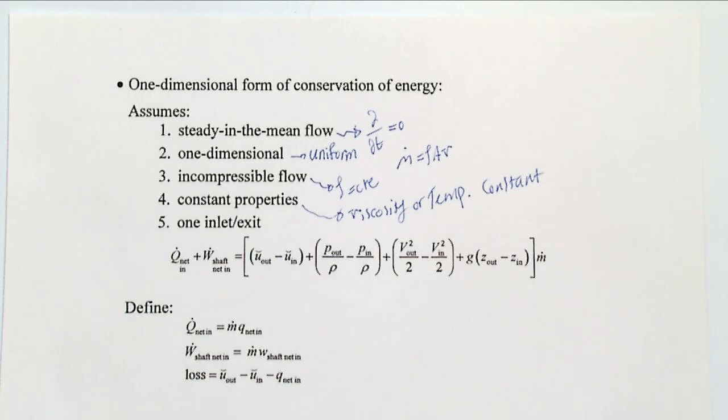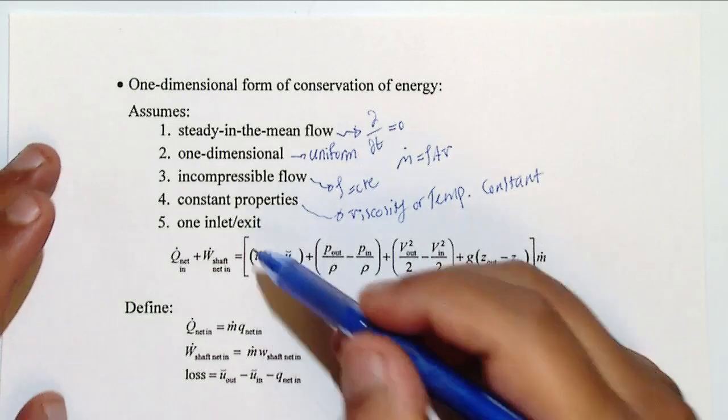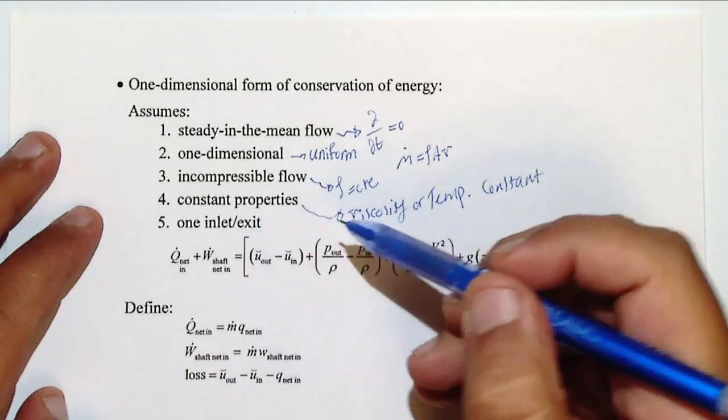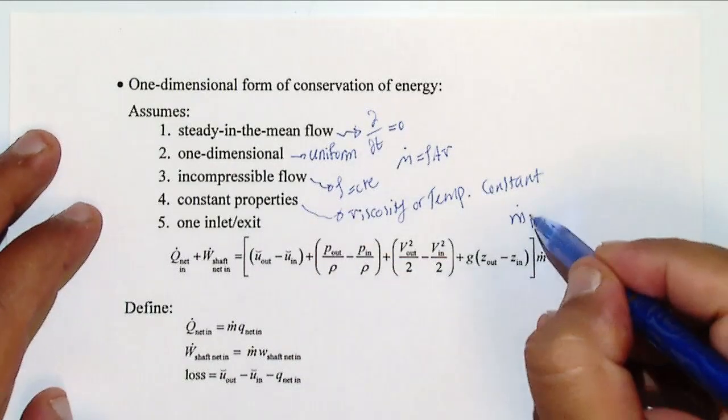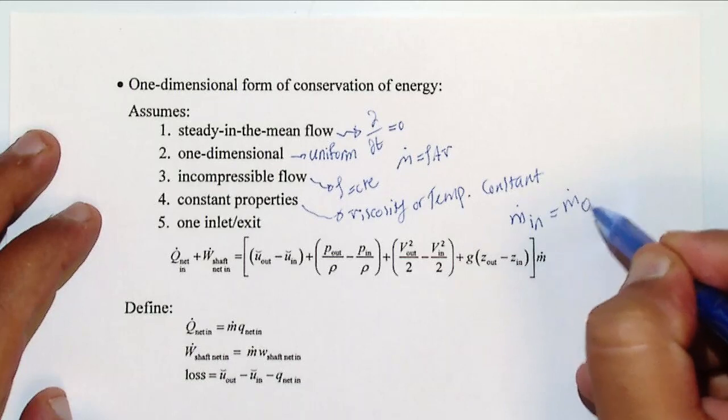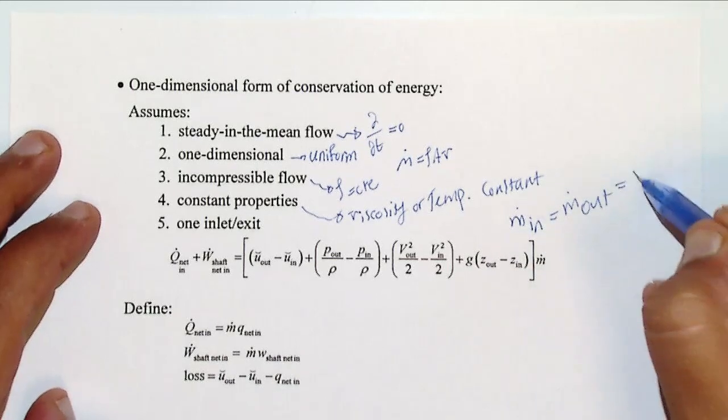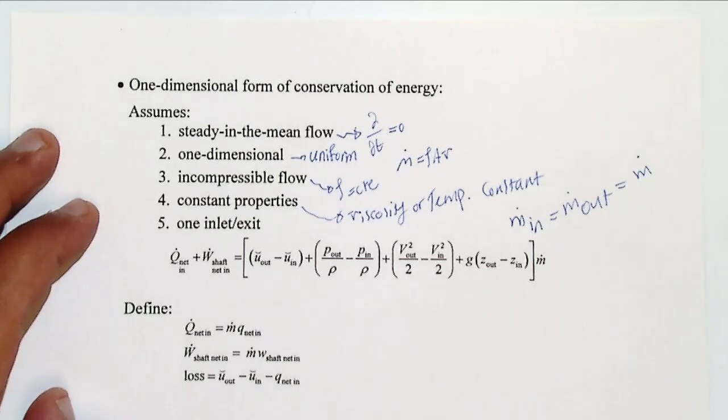And one inlet and one outlet. If you have one inlet for the flow and one exit, and you apply the conservation of mass, since rho is constant and V is uniform, you have to know that m dot in is equal to m dot out, and you can say that this is going to be your m dot, right?